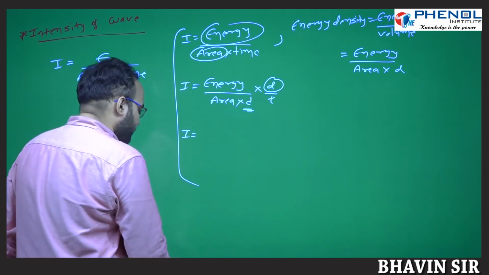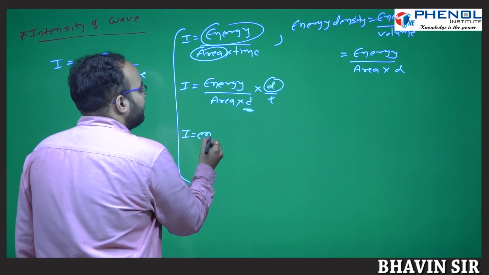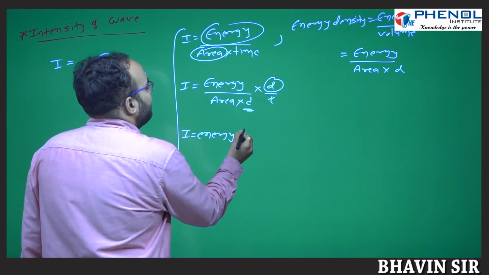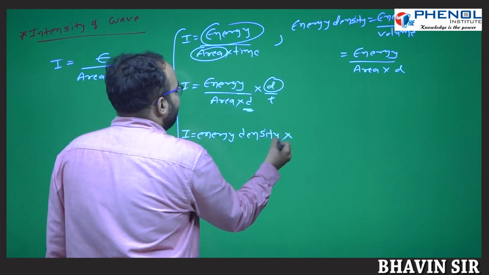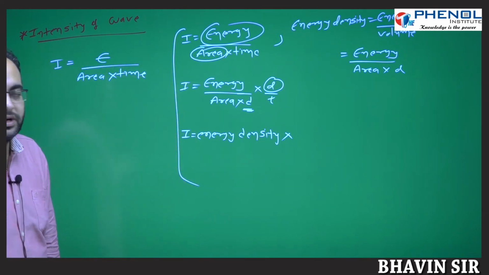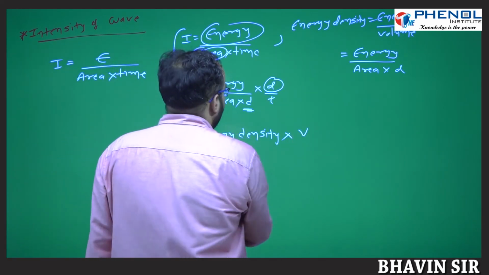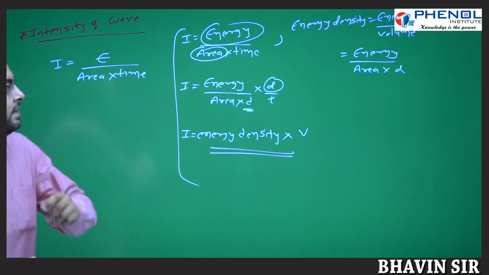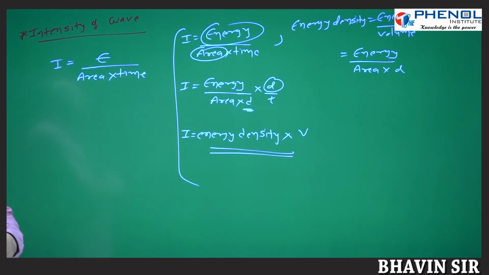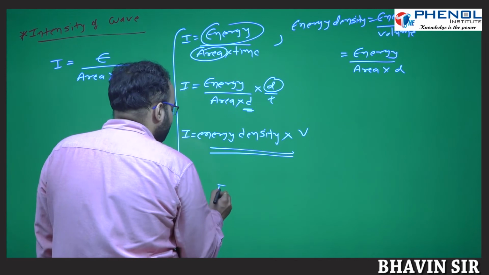And distance upon time means speed of wave. So what is the relation students? Intensity is what? Energy density into speed. Students, this relation has come in EM waves.